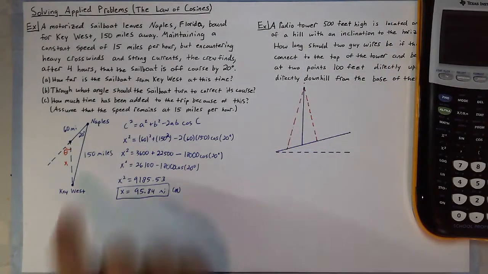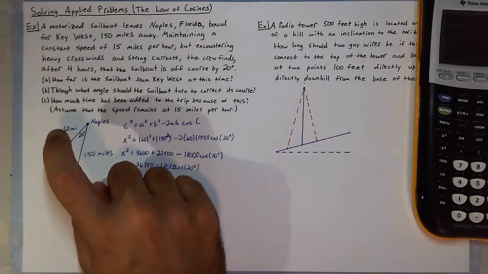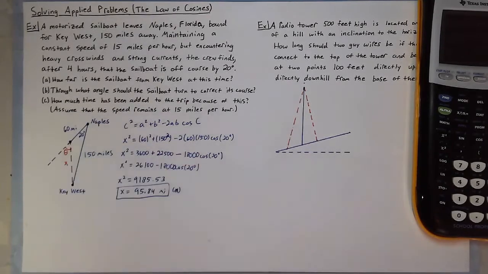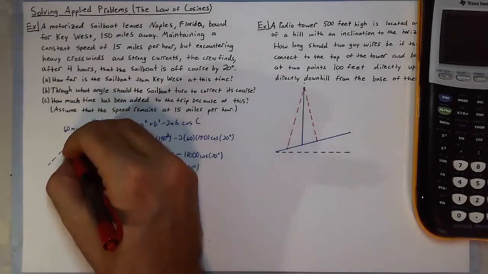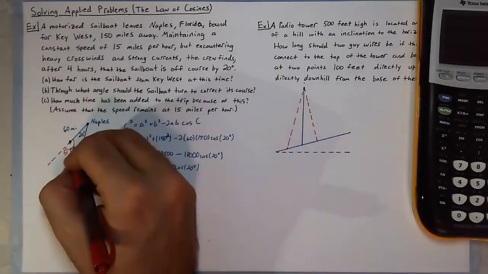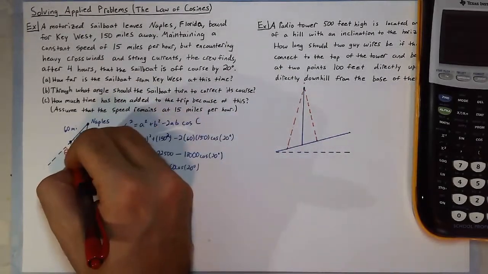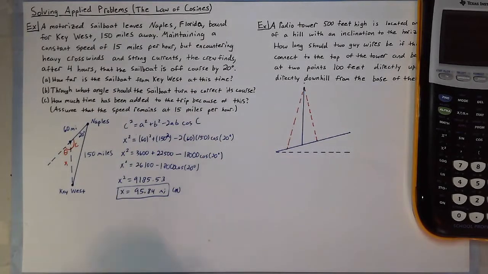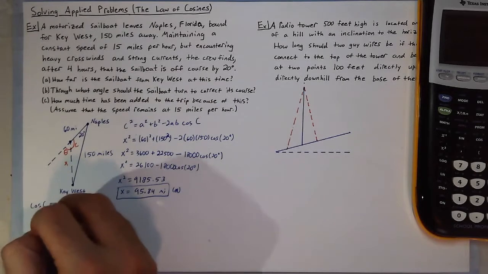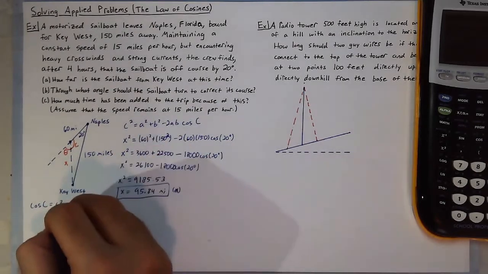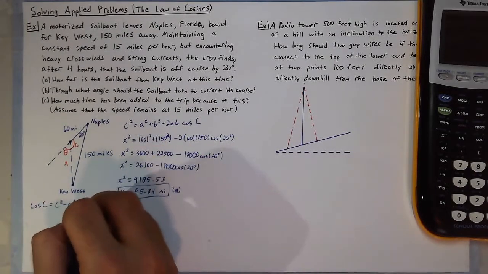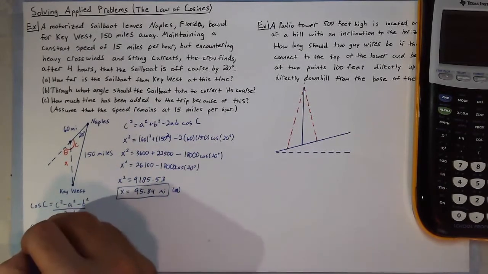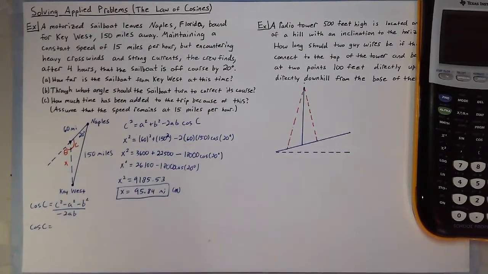If I wanted to find that angle I'm missing, I know all three side lengths. So if I wanted to find this angle, which I'll just call angle C for simplicity, cosine of C is equal to c squared minus a squared minus b squared all over negative 2ab.